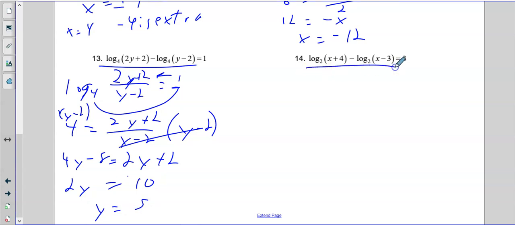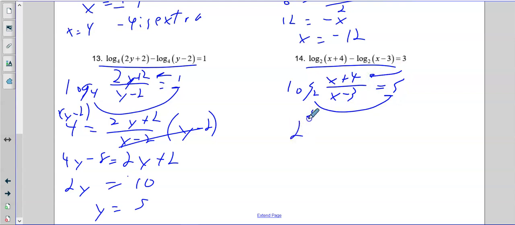And last but not least, I'm going to write log 2 once. I have subtraction, which means division. X plus 4 on the top, x minus 3 on the bottom equal to 3. 2 to the 3 equals this. 2 to the 3 is 8. I could have written that just right away.